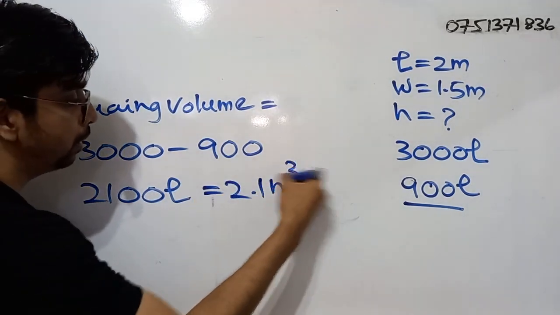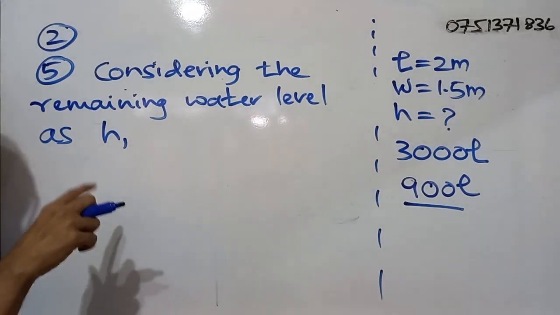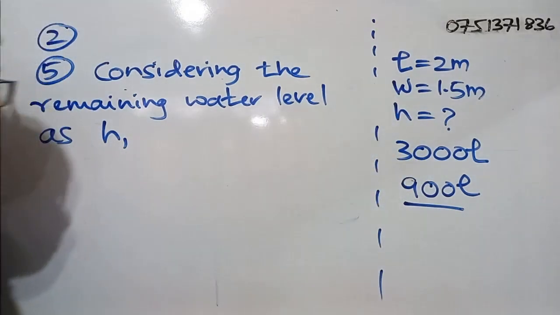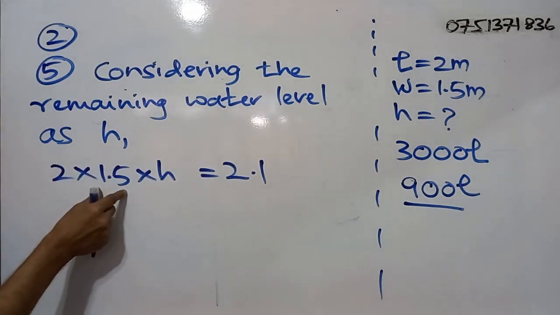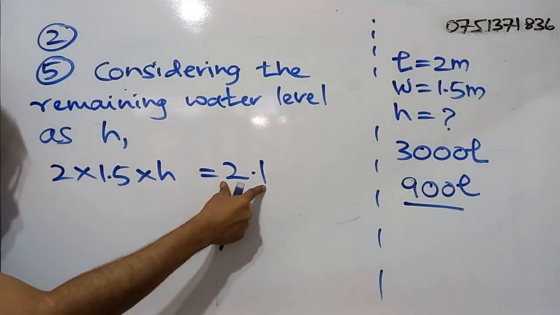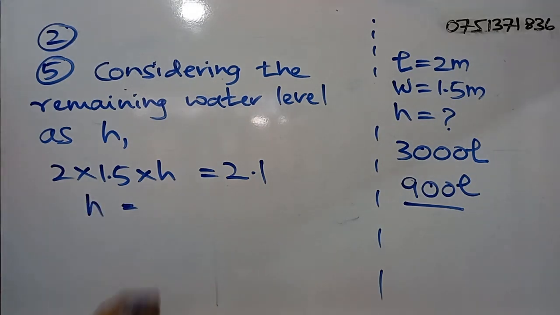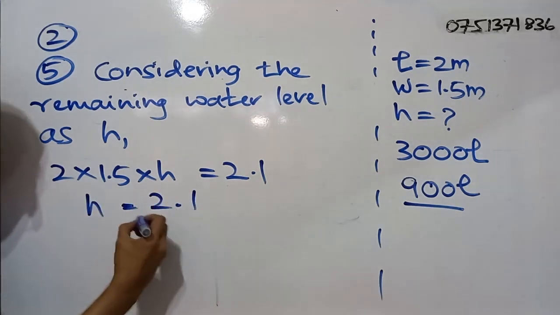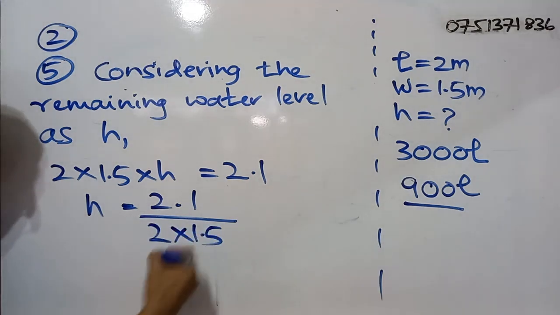So we will consider the height of the remaining water level as simple h. Okay? So 2 into 1.5 into h, that will be equal to what? 2.1. Right? So what will be h? h will be equal to 2.1 divided by 2 into 1.5.